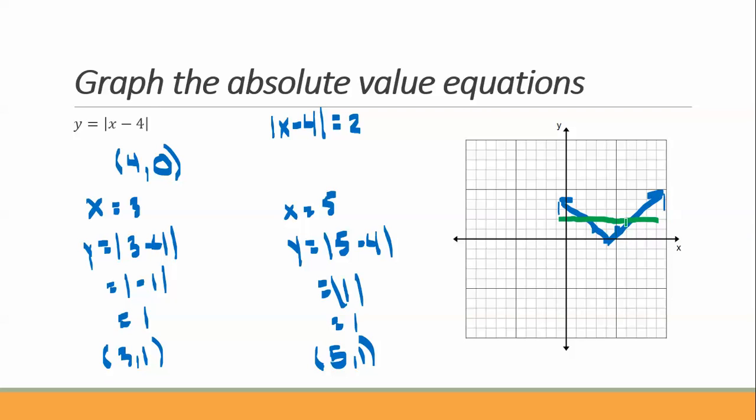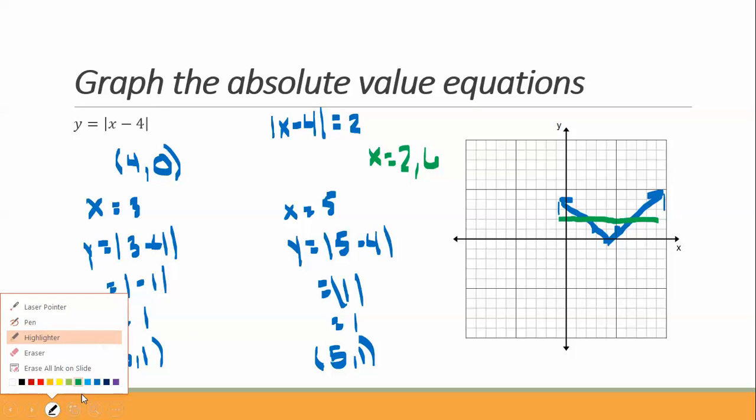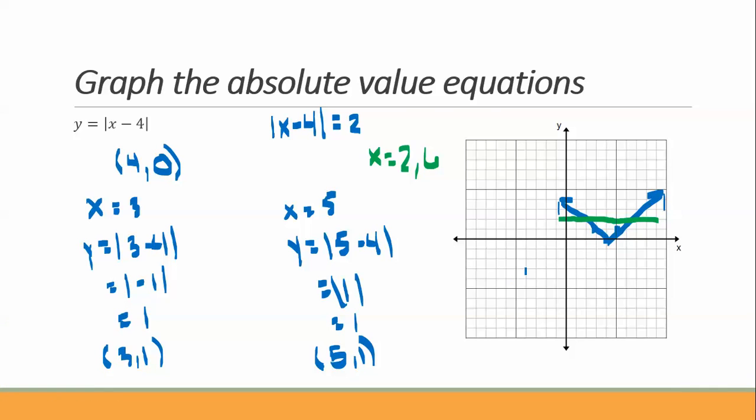And it crosses at x equals positive 2 and x equals positive 6. So if we were to solve this equation, we would get x equals positive 2 and x equals positive 6. You can solve it by graphing or you can solve it algebraically. It's better to solve algebraically because sometimes it's hard to read off of a graph.